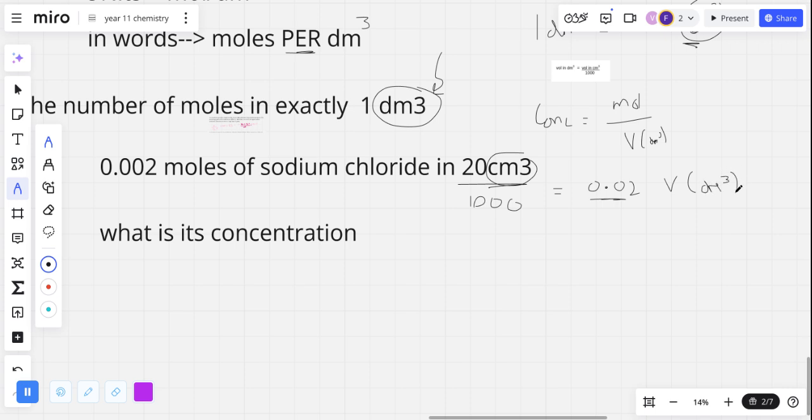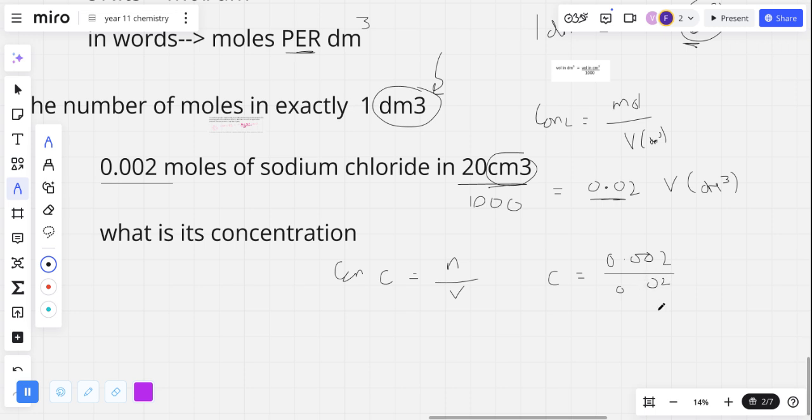Next thing, write out your formula. Concentration equals moles divided by volume. You actually use n, because m is used for mass, so n for number of moles. So concentration in this case is 0.002 divided by 0.02.